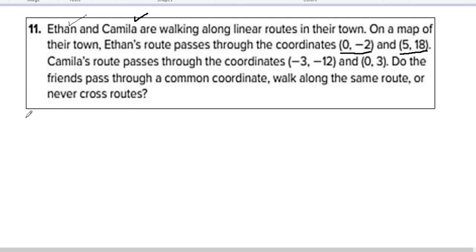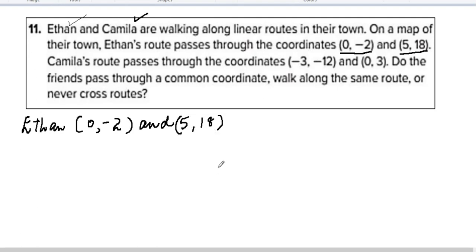So firstly, Ethan's coordinates I'm writing here, which are (0, -2) and (5, 18). The second one is Camilla's route. Firstly we discuss Ethan. First we're going to find the slope, m1, for Ethan.